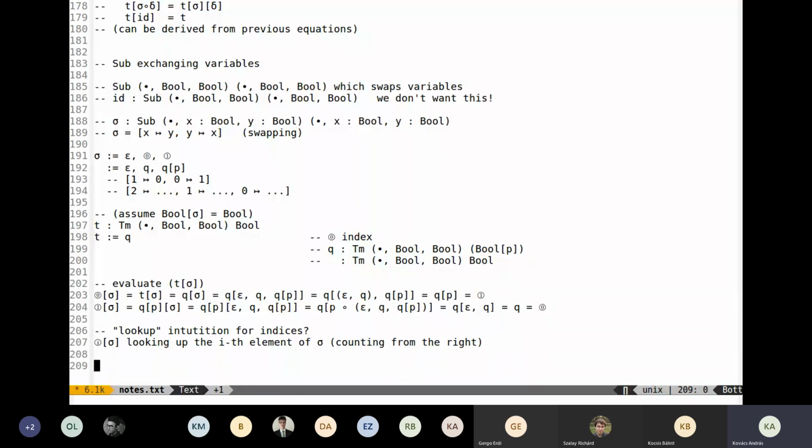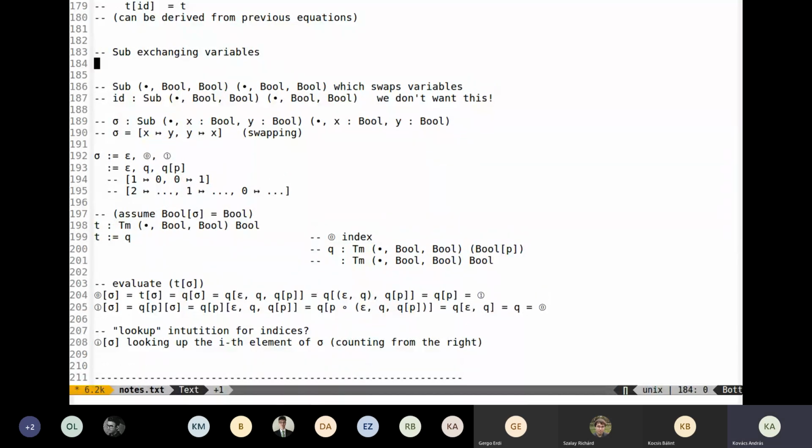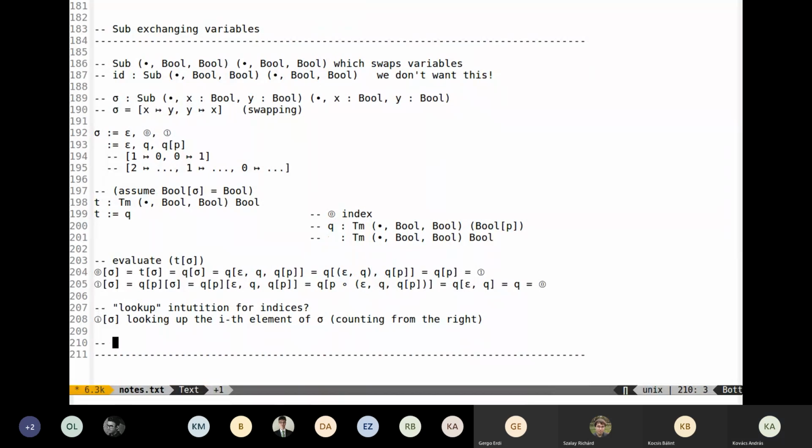Okay, then maybe we can do another very simple example. Let's also put some space here. Okay, so we have the diagonal substitution, the so-called diagonal substitution.